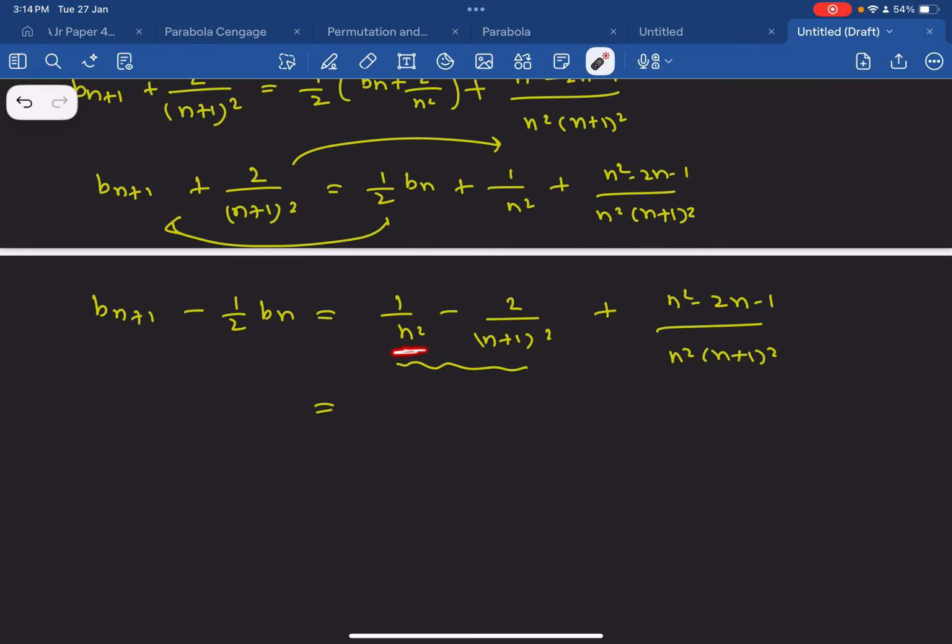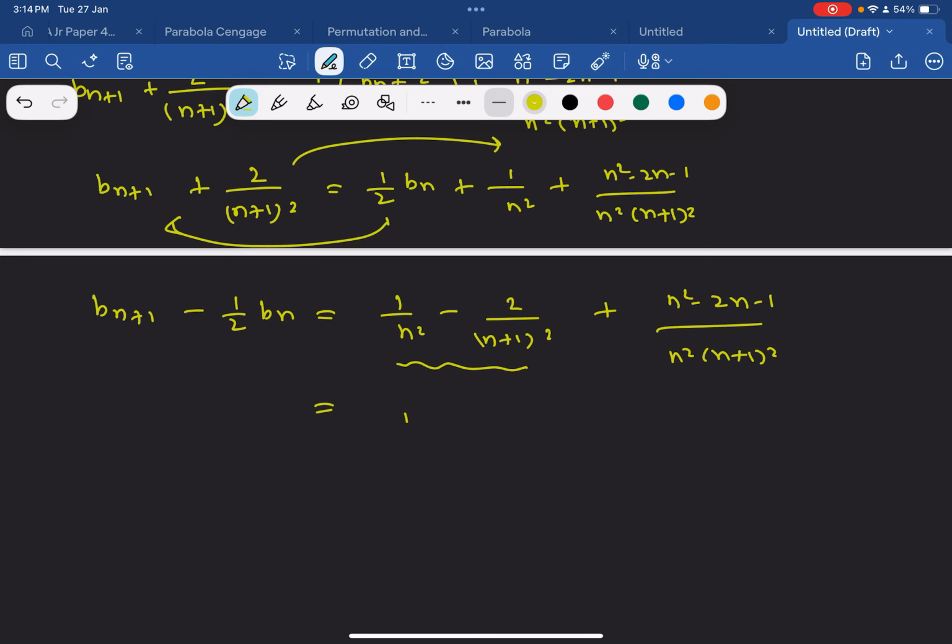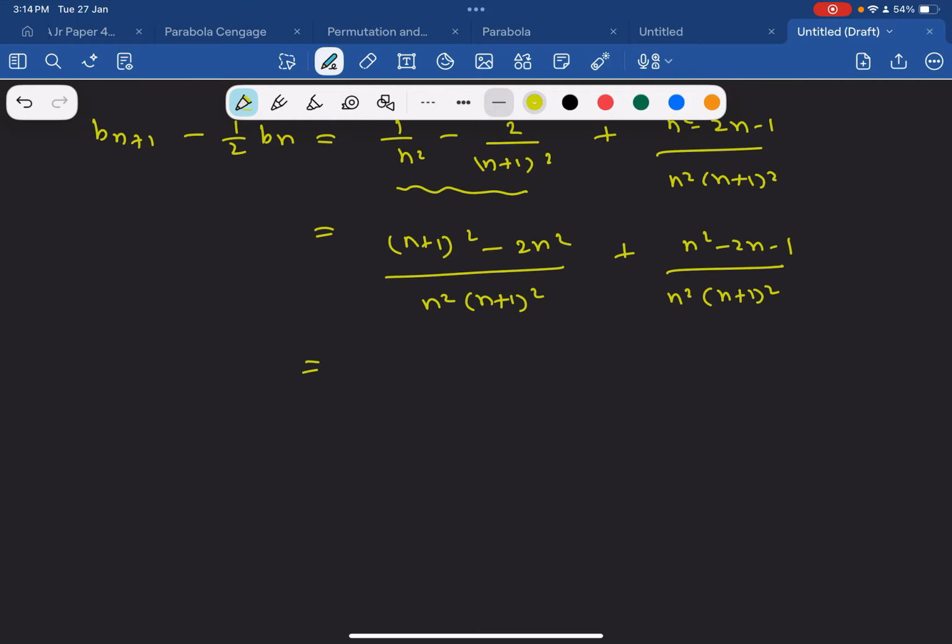This we can directly solve, because if you see very carefully, n square (n plus 1) whole square is common, so take the LCM and directly add it. So (n plus 1) whole square minus 2n square divided by n square (n plus 1) whole square, plus (n square minus 2n minus 1) upon n square (n plus 1) whole square, correct?